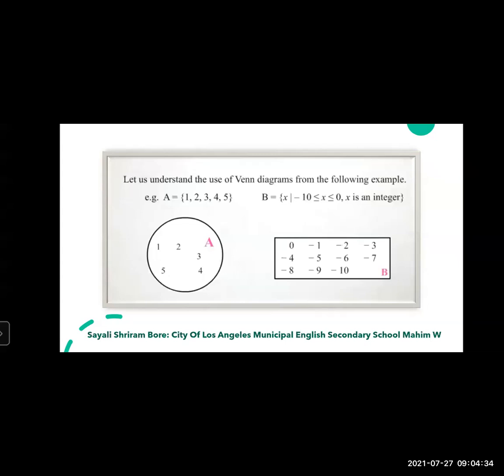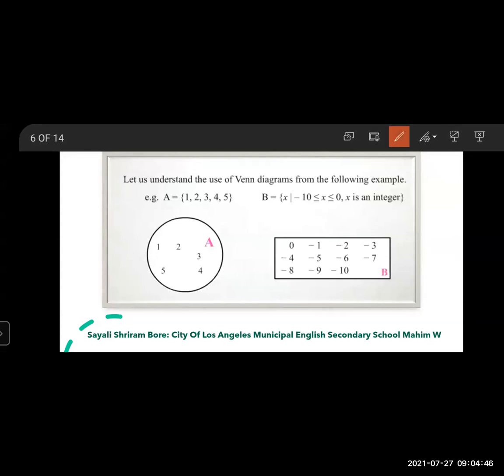So in the circle, I have written the elements 1, 2, 3, 4, 5. You can write these elements anywhere in the circle. By looking at this set A, you can easily identify that this is the name of the set, that is set A, and in this set these are the elements, 1, 2, 3, 4, 5.